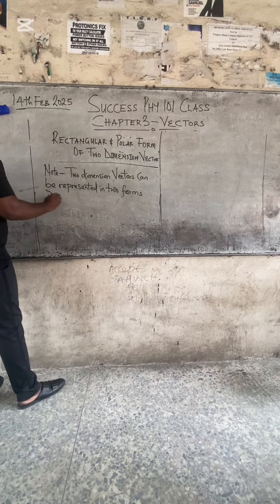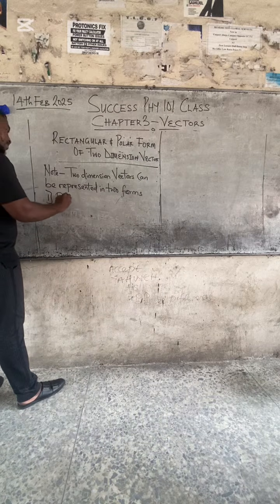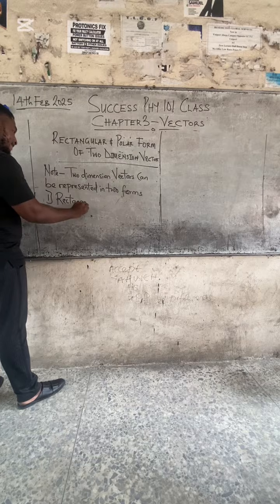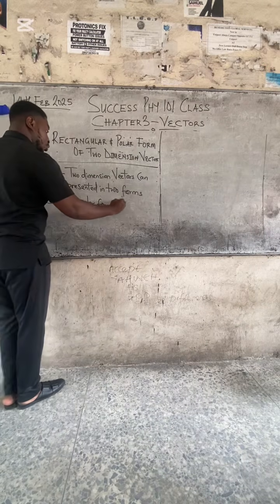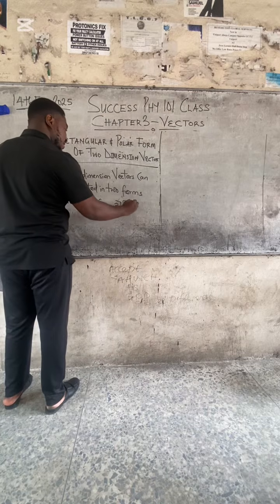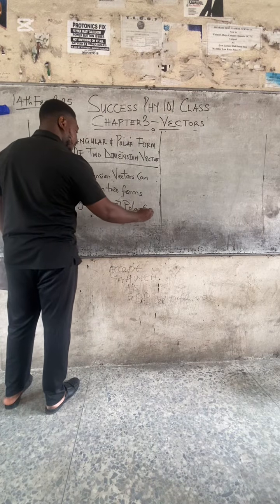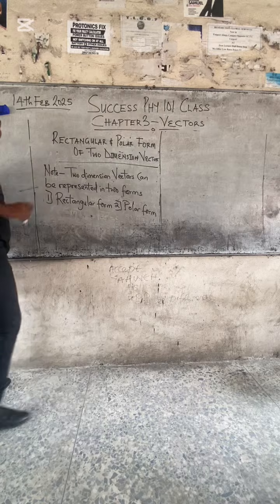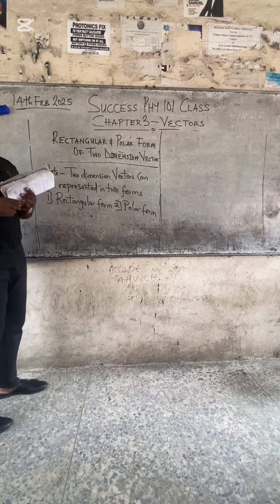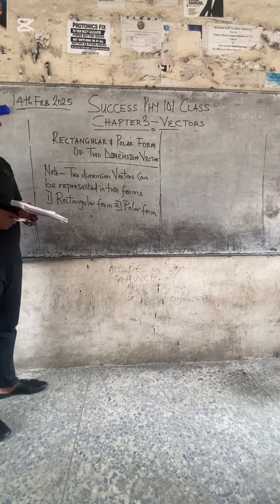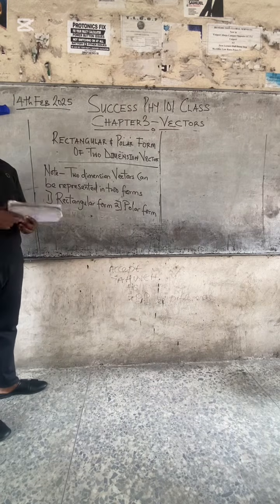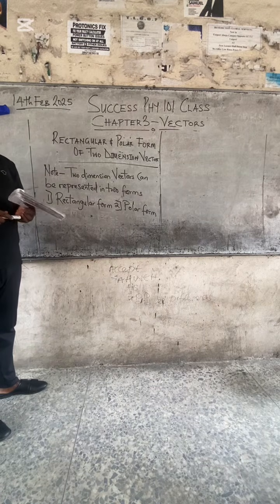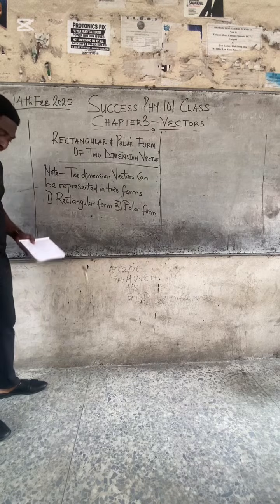One is rectangular form. Two is polar form. I said note, two-dimensional vectors can be represented in two forms. One is rectangular form. Two is polar form.